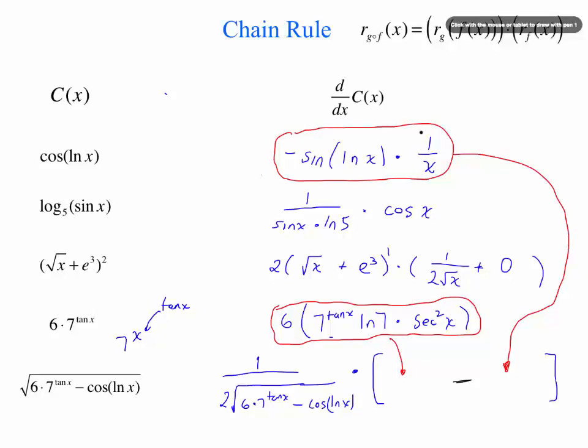It's all of this by the chain rule. See? So when you use the rules in combination, you still follow the rules. You don't say, oh, because I'm in the middle, I'm going to do it differently. No. I get to the rate of change of the interior function, and now I come to 6 times 7 to the tangent x, and I do the rate of change of that. And then I get minus cosine natural log of x, and I do the rate of change of that, which was what we did before. So that rate of change function is this whole thing.